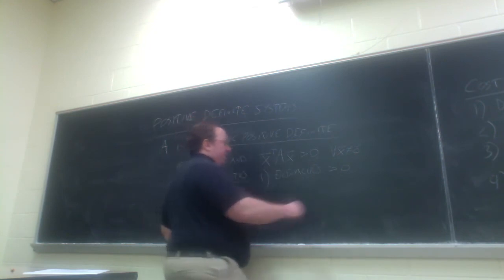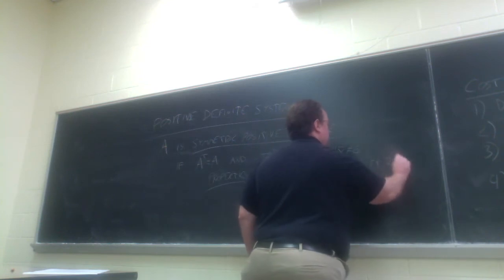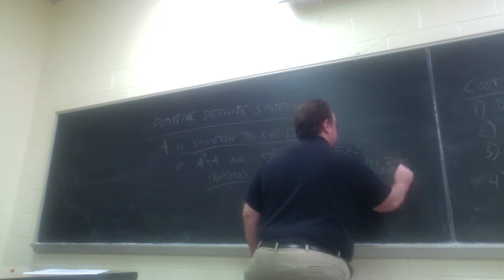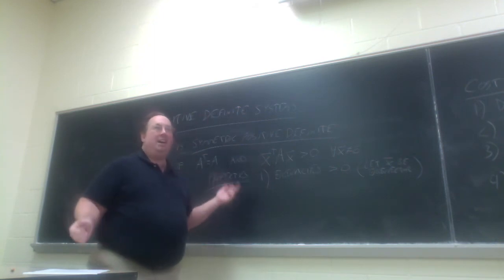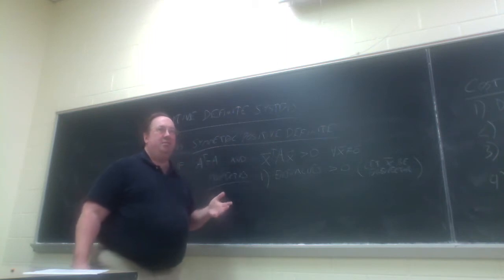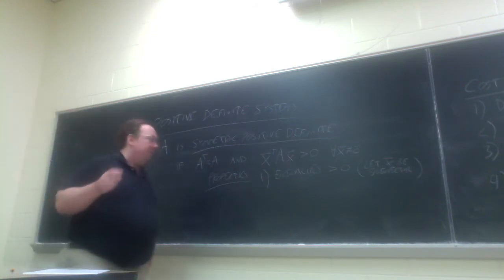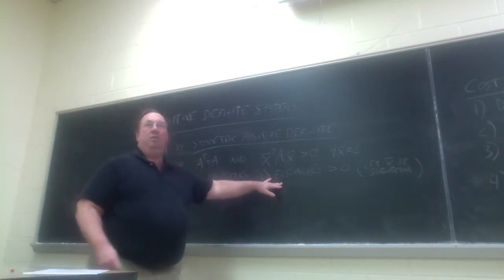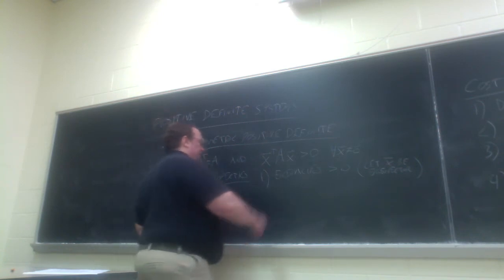And the way you can see this from the definition is that if x happens to be an eigenvector of A, then Ax would be lambda x, and you get lambda times the norm of x squared must be positive. The only way that could happen is if lambda itself is positive. All right, so positive eigenvalues. In fact, I often use this as my alternative definition of positive definite matrix because this is an if and only if thing.